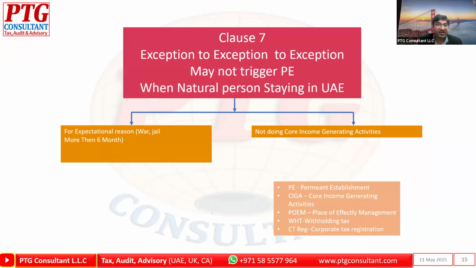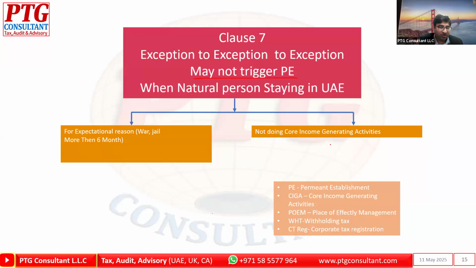Exception to exception may not trigger the PE. For exceptional reasons, such as war or jail. Okay, this is another exception. If you stay in UAE due to an exception, because war is there and the flights are cancelled, you cannot go outside. Such a period will not be counted under the 6 months.